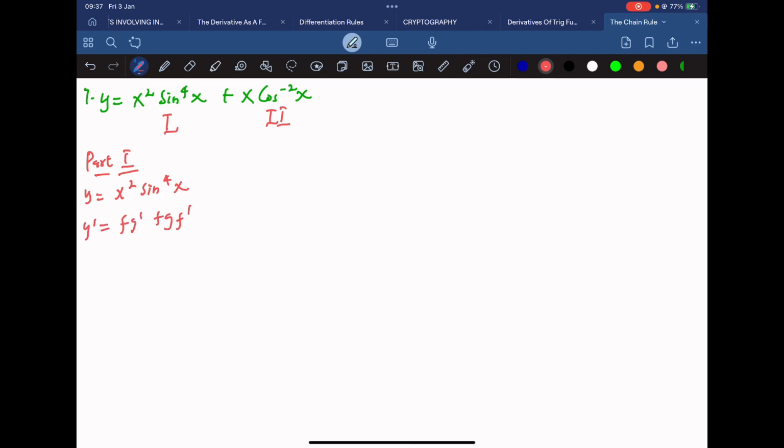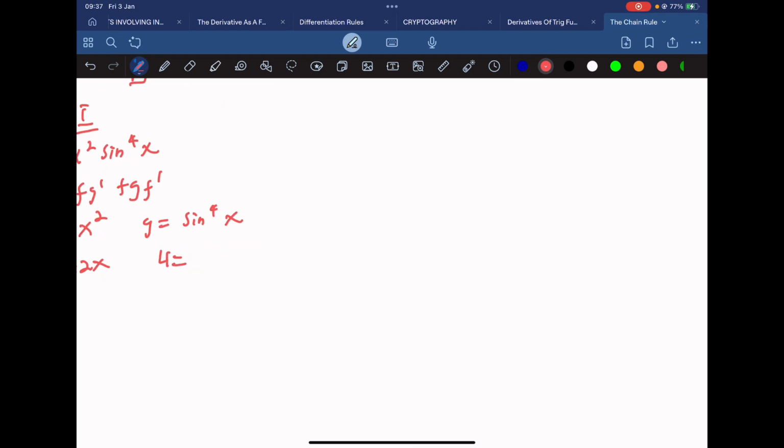So in this case, your f is your first and your g is your second. If you find f prime, note that we have 2x. Now to find g prime, that is where the problem comes in. So in this case, using the chain rule as we did before, what do you think your u is going to be using the chain rule?